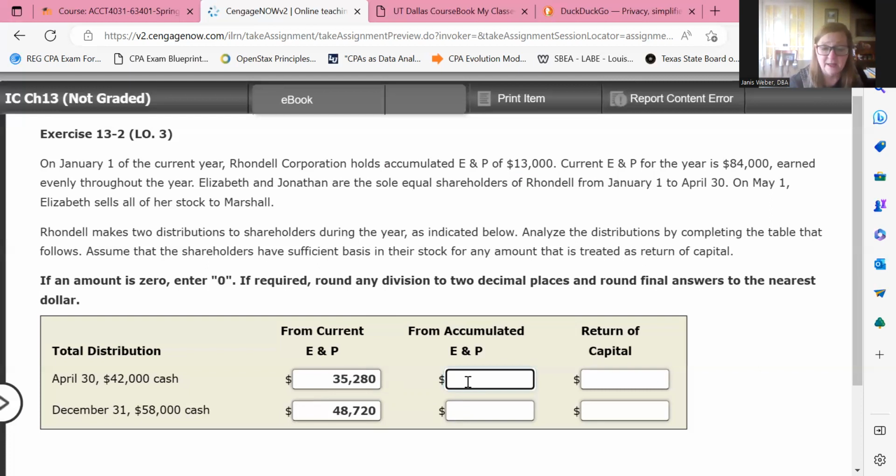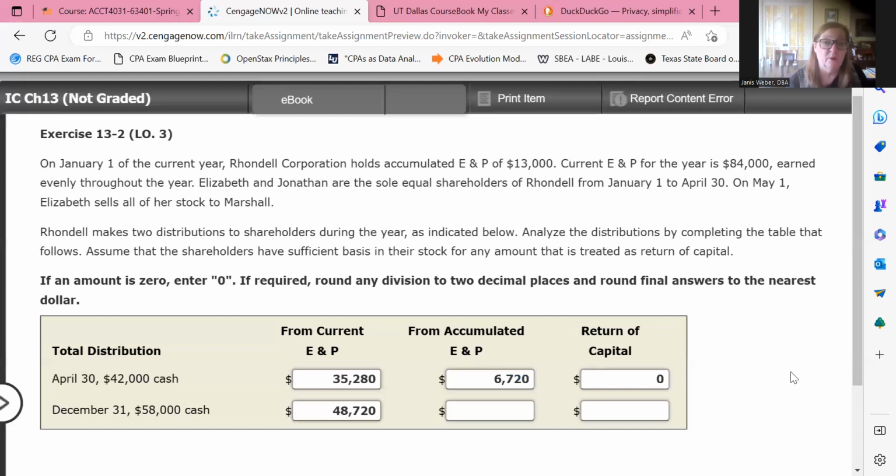And the only part we lack covering is 6,720, because 42,000 minus the amount we already said was dividend, because it's in current E&P, 35,280, brings us to this 6,720. So the total of those two pieces, the allocated current E&P plus the remainder from the historical E&P, brought us to 42,000 total, which means we show it all as dividend, and return of capital is 0 for that April 30th distribution.